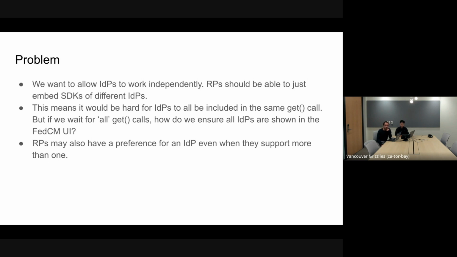Now, that means that it would be tough to have the IDPs all be together in the same GET call, because that would mean that they would somehow have to coordinate for all of them to be shown in the same GET call. It would be a bit tricky.